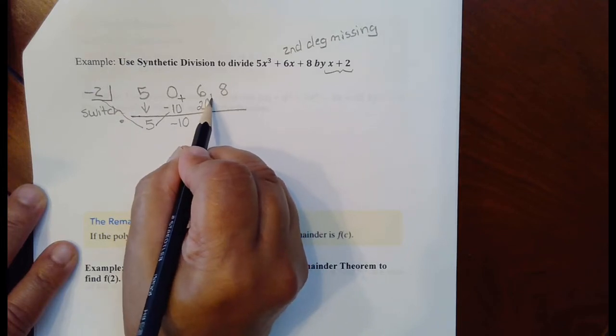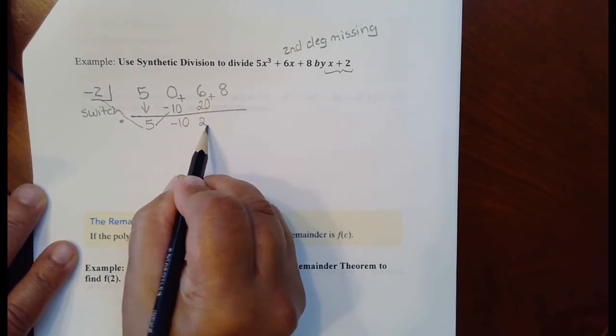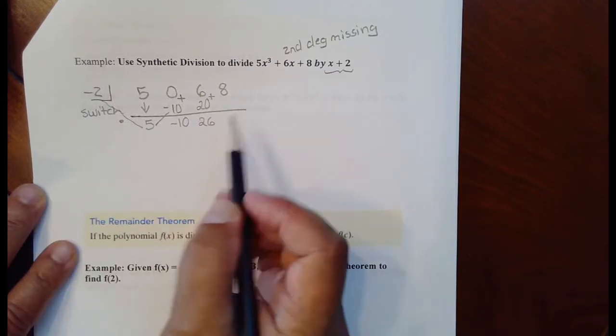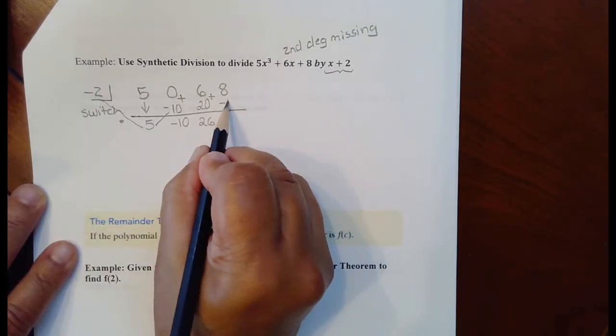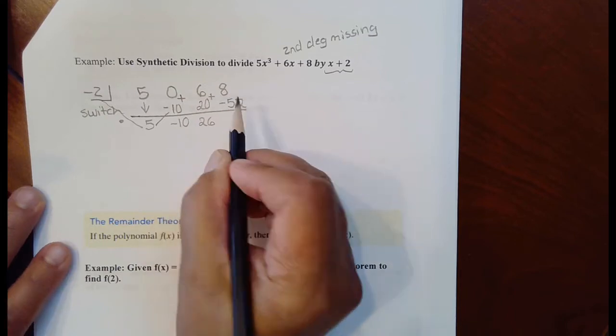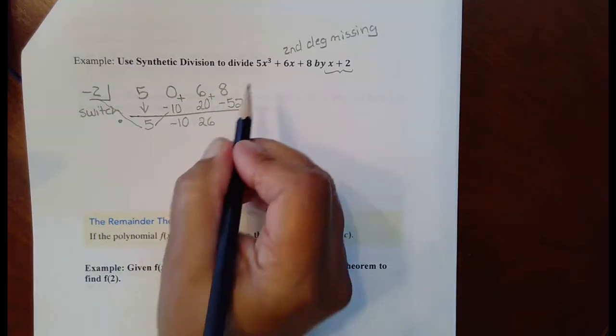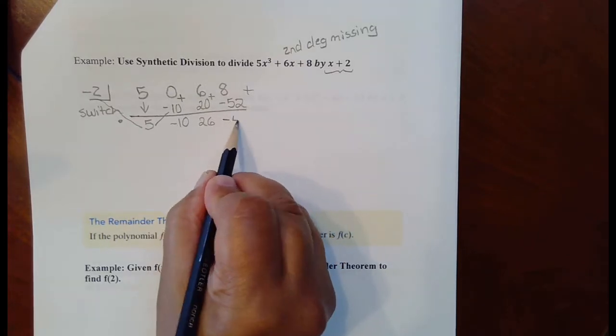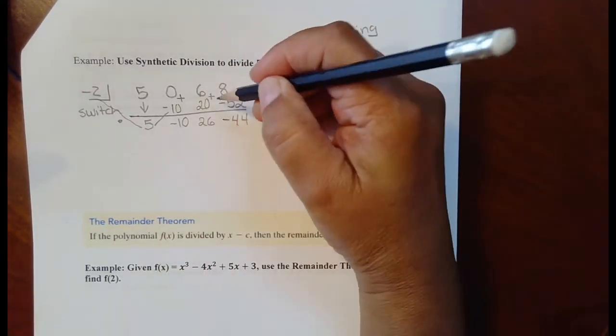But don't forget, you can't just report the quotient as a string of numbers. You have to show that you recognize that once you go through a single pass of synthetic division, you've brought it down by 1 degree. So if it started off with third degree, this expression is now second degree, meaning the highest degree is second degree.